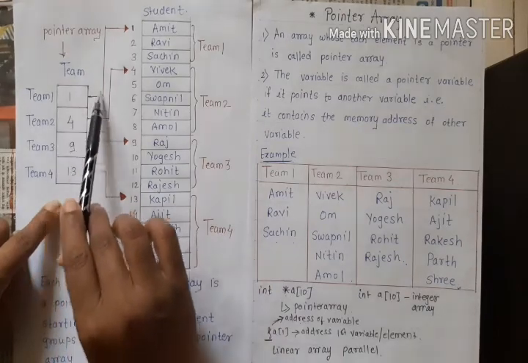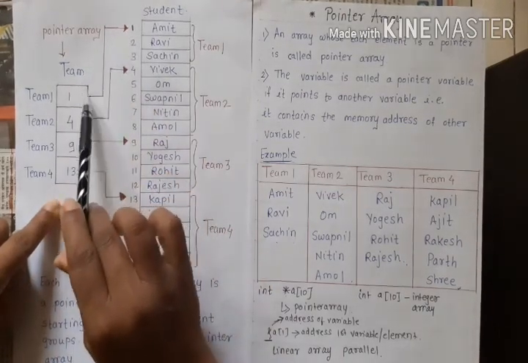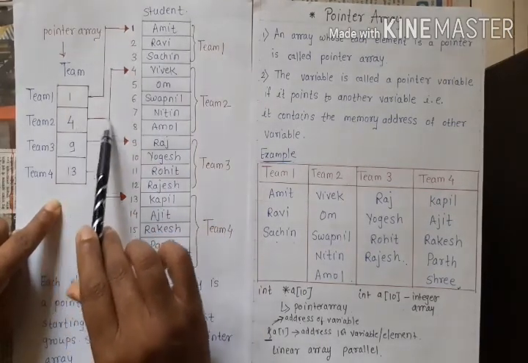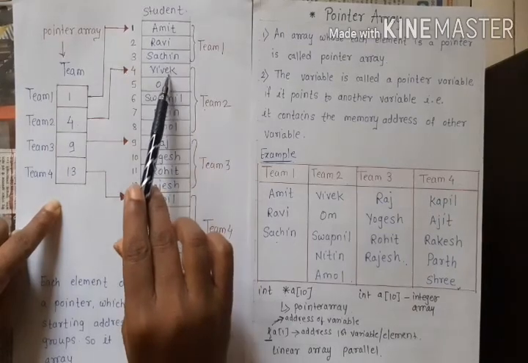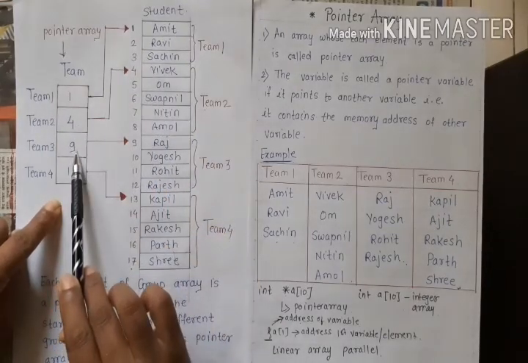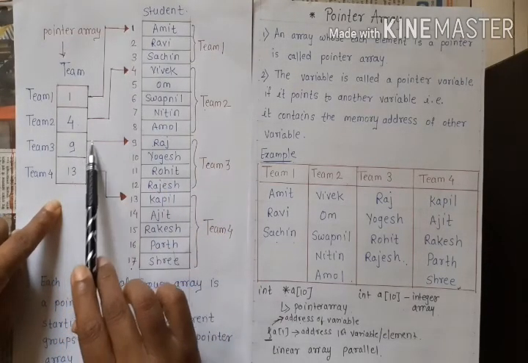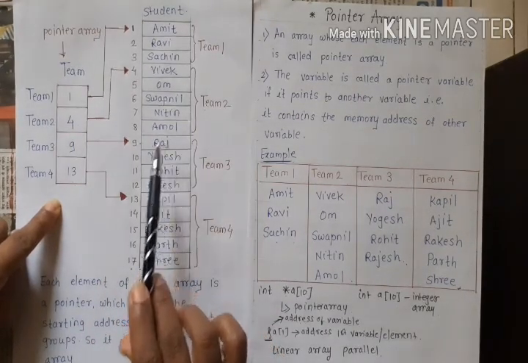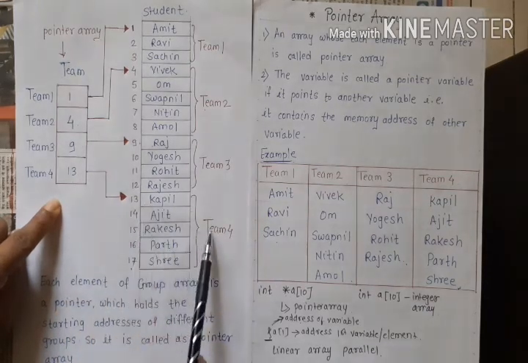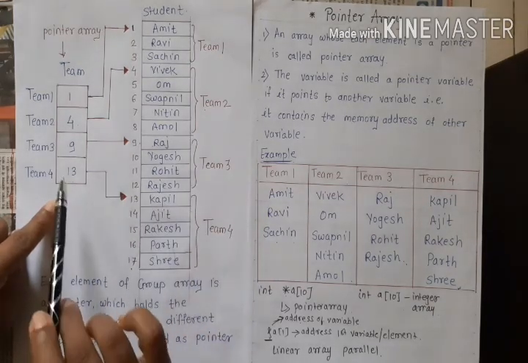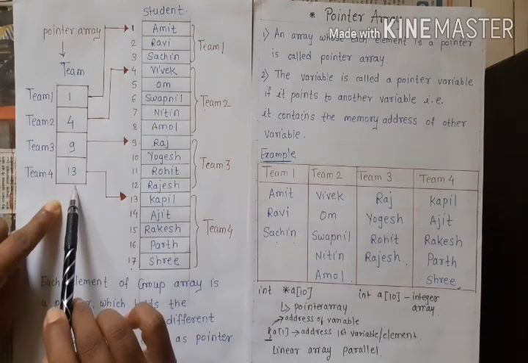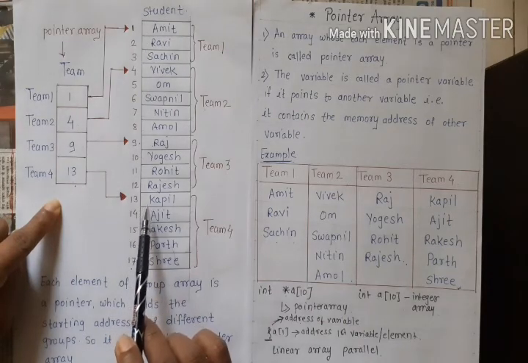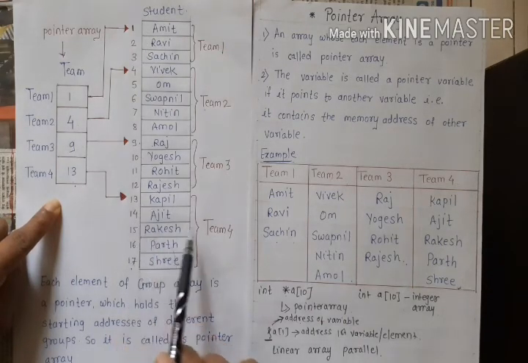See here, 1 is pointing to the first element of team 1. Second, 4 means the first element of team 2. In the third team, 9 is the starting element of team 3. And 13 means the first element of team 4. Means in the team array we store the first element address of each team.